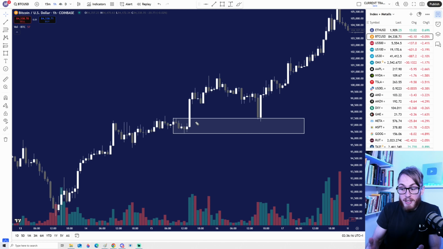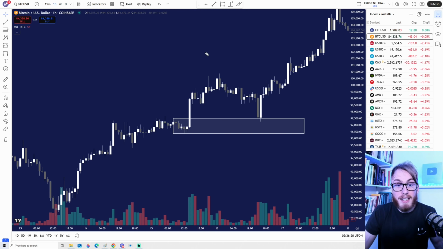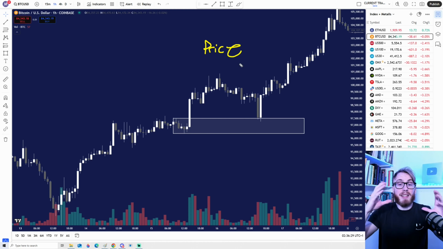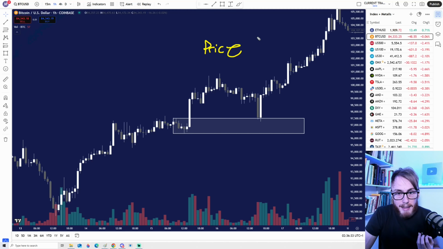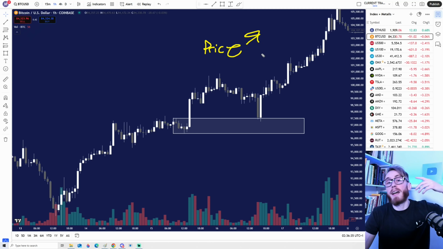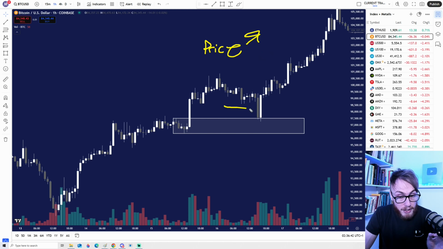But here, another thing you can use to improve your order block trading strategy even further is to use price action. And price action is basically the study of how price moves, and included in price action we have things like candlestick patterns, we have things like how price reacts to certain levels, like for example how the price reacts to an order block.